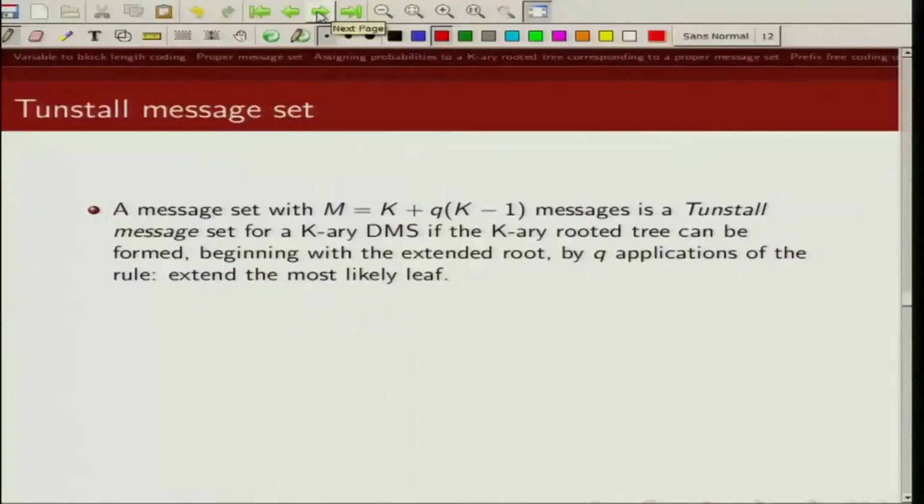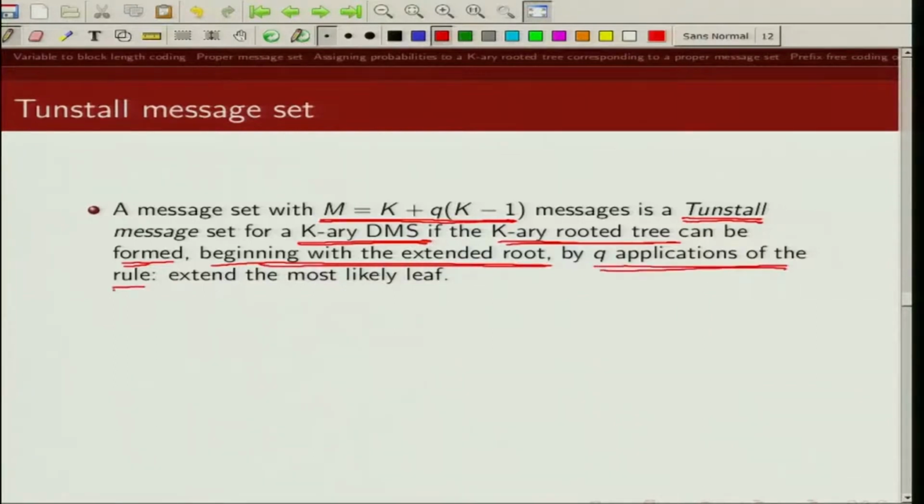So a Tunstall message set is a class of proper message set which will always maximize the expected value of Y. A message set with so many messages is a Tunstall message set for a K-ary discrete memoryless source if the K-ary rooted tree can be formed beginning from the extended root by Q applications of the following rule: extend the most likely leaf.